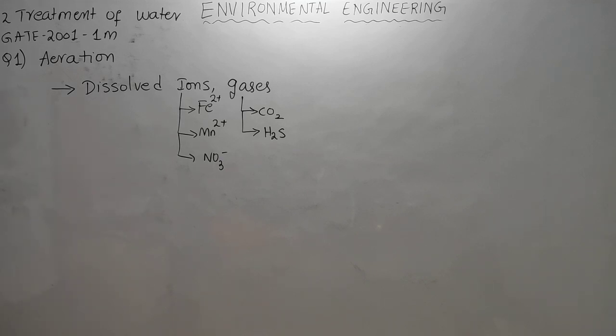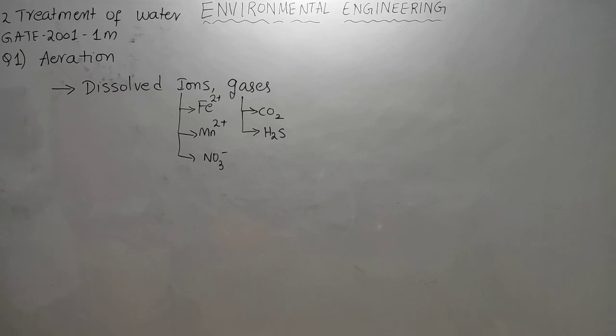If you look at the options, the first option is suspended impurities, wrong. Aeration removes dissolved impurities. Color is removed indirectly but not directly, by removing the iron and manganese it will remove the color. Dissolved salts are never removed by aeration. Salts are stable and will be present in an insoluble form, which can be removed in sedimentation or elsewhere.